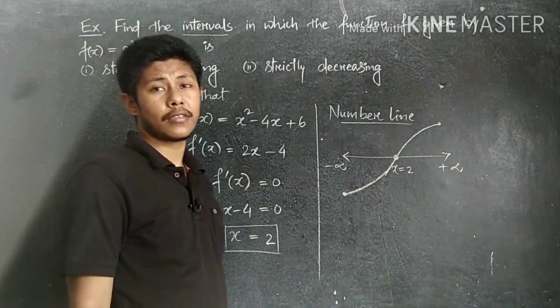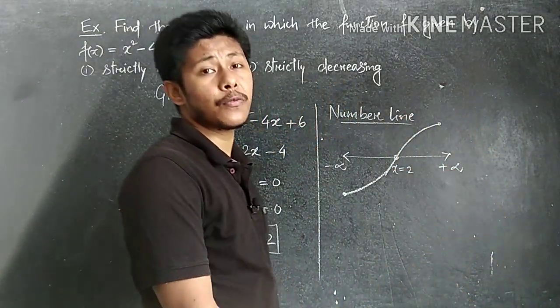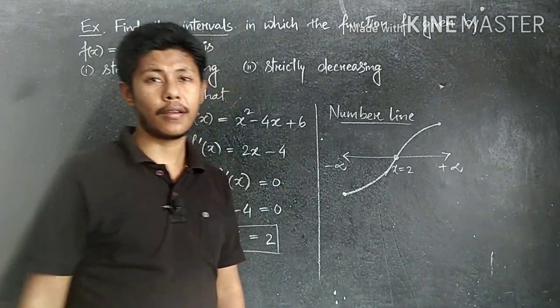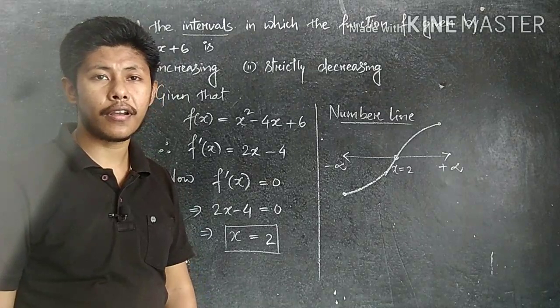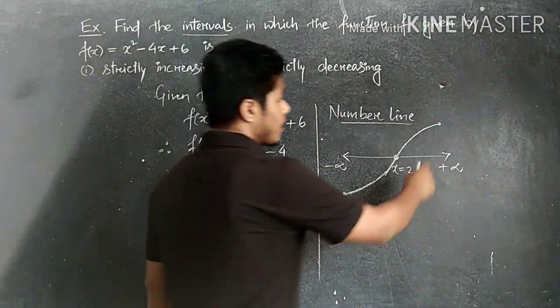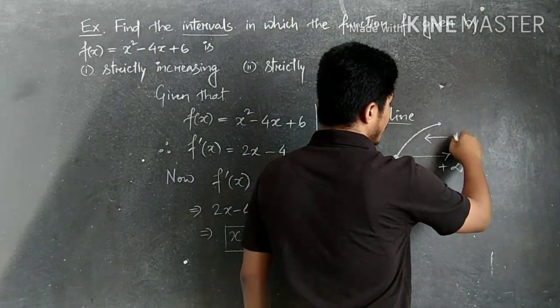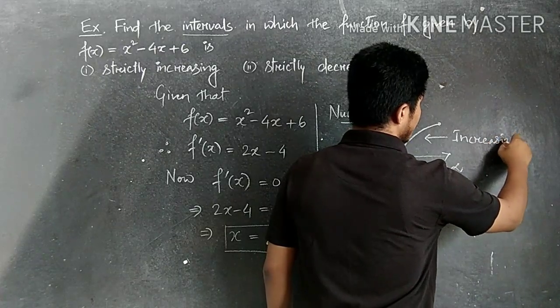Now in this case, the upper parts are always for increasing, and the lower parts are always for decreasing. So that means this part is for increasing. Is it clear?